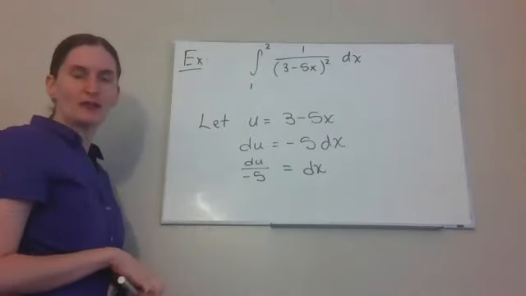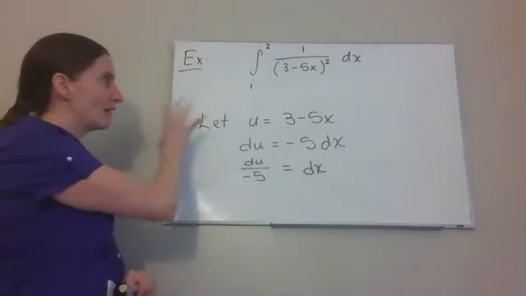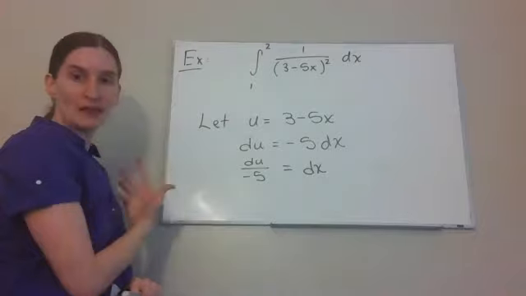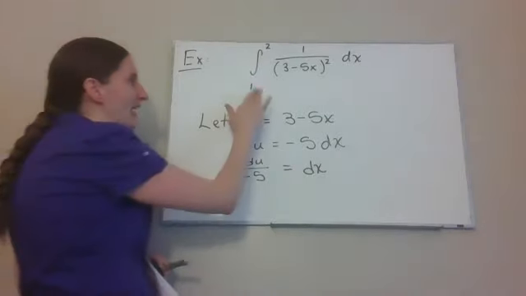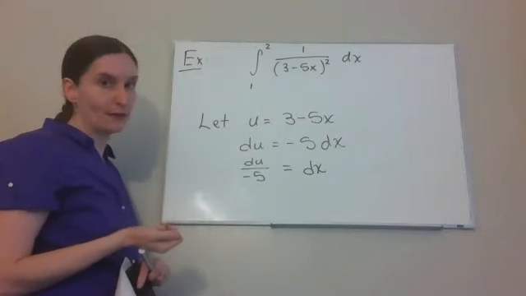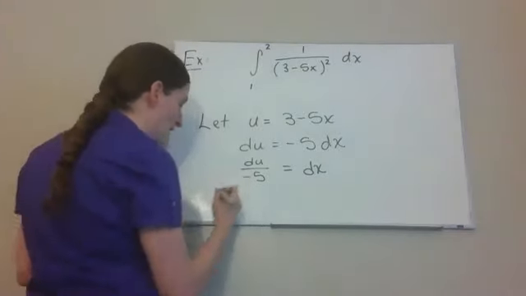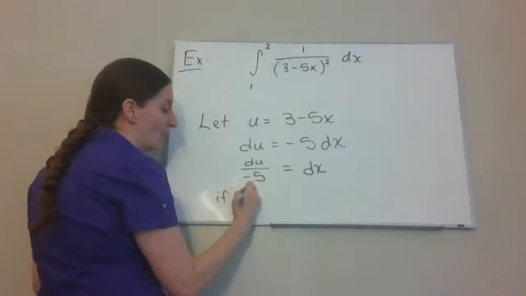Now's the part where things are a little bit different since it's a definite integral. If I rewrite this problem, so now I have u's instead of x's in my integral, I can't have bounds of 1 and 2 anymore. 1 and 2 were x values. I need to find the u values that match those. So I take one of my bounds.